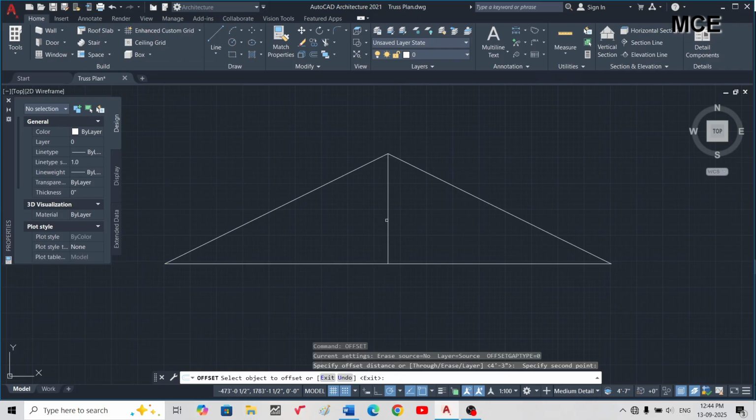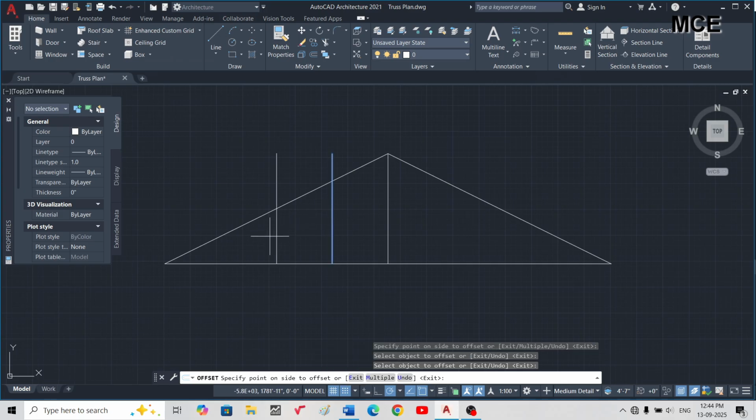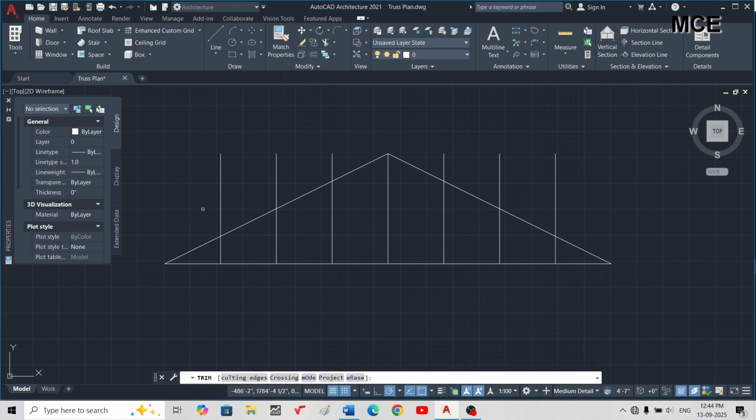So this will be my first tie, after that second and third. Similarly for this side, 1, 2 and 3. Trim these using the trim command.